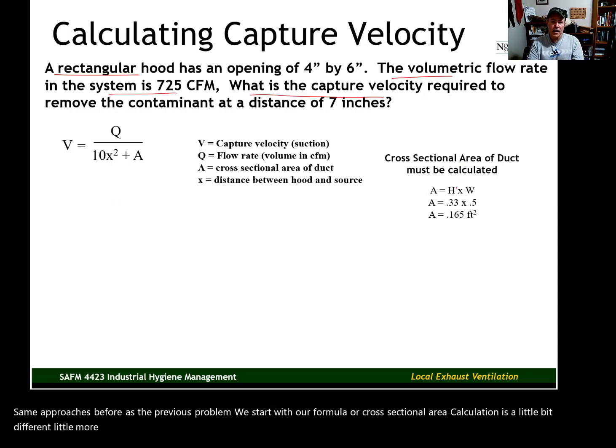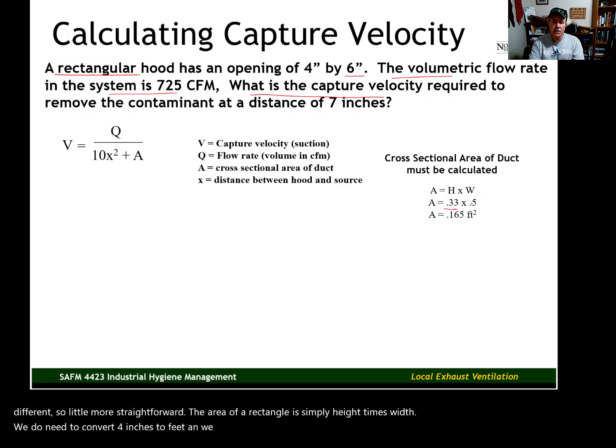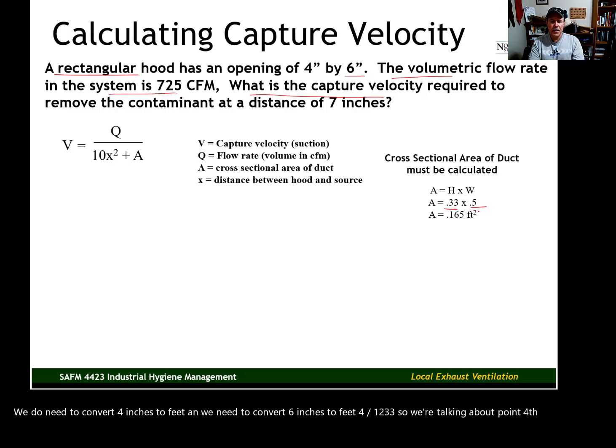The area of a rectangle is simply height times width. We do need to convert 4 inches to feet, and we need to convert 6 inches to feet. 4 divided by 12 is 0.33, so we're talking about 0.33 feet times 0.5 feet. We end up with a cross-sectional area of 0.165 square feet.